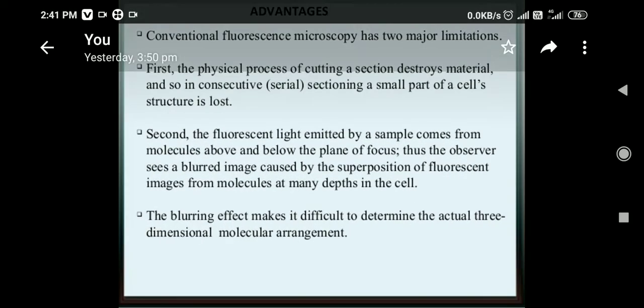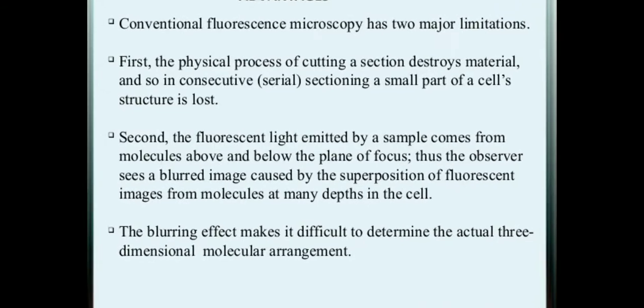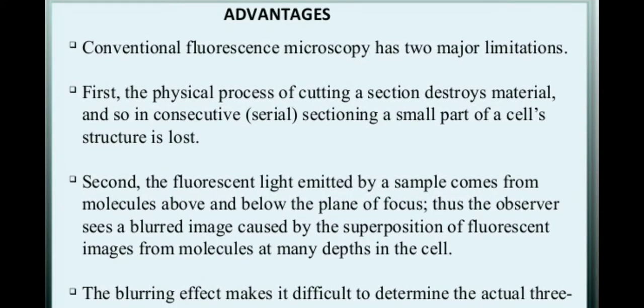Now the disadvantages of this microscope. Conventional fluorescence microscopy has two major limitations. First, the physical process of cutting a section destroys material, and so in consecutive sectioning a small part of the cell's structure is lost. So this is the first drawback of that microscope.